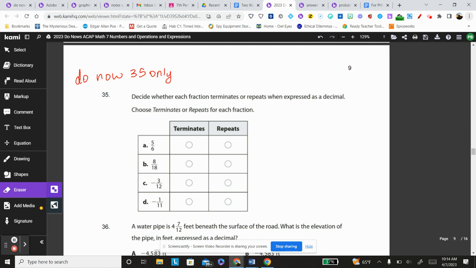I got double T. Okay, put it up there. What's up, Zay?